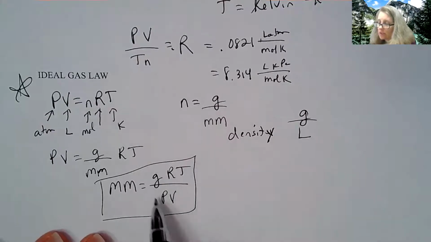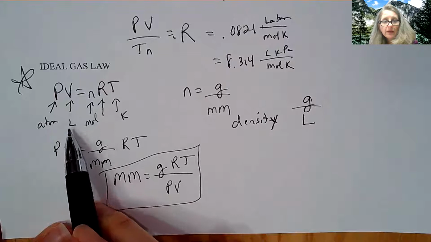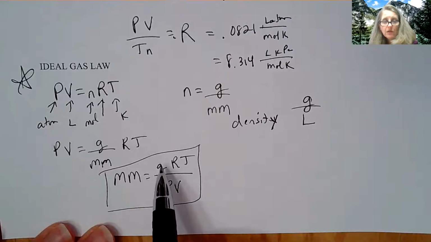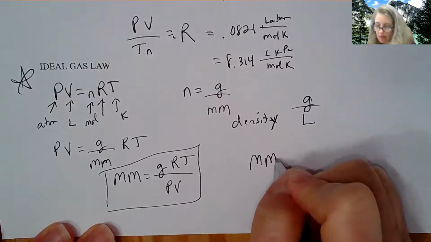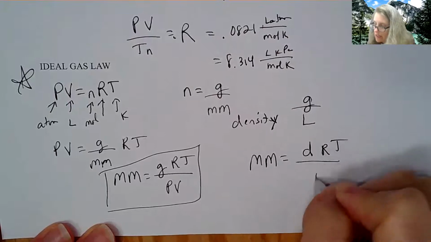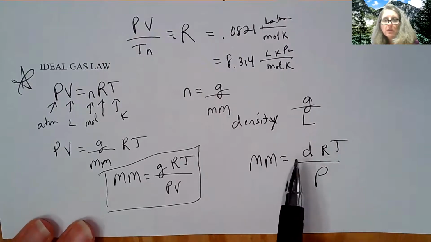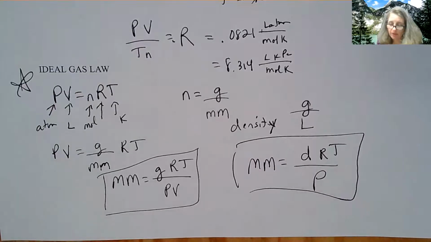So if I take a look at this expression here, grams is on top and volume has to be in liters in order for the ideal gas law to work. So if I substitute that in here, I could rewrite this equation as molar mass is equal to the density times R times T divided by the pressure. So I could actually use either one of these equations for a couple different applications.